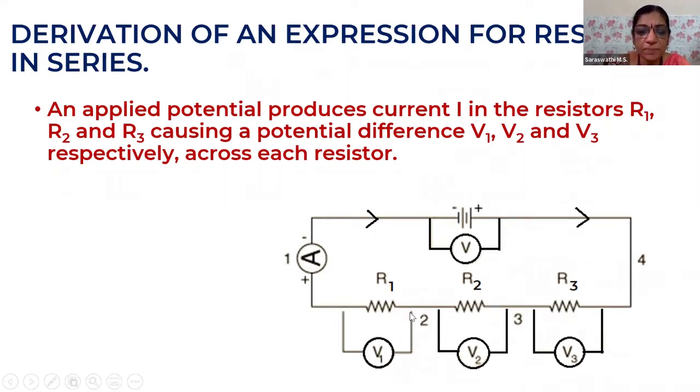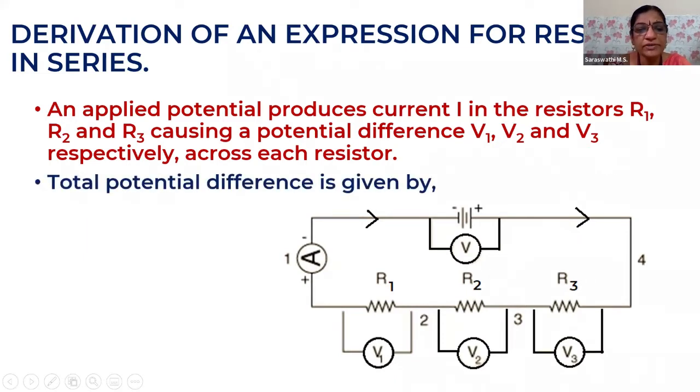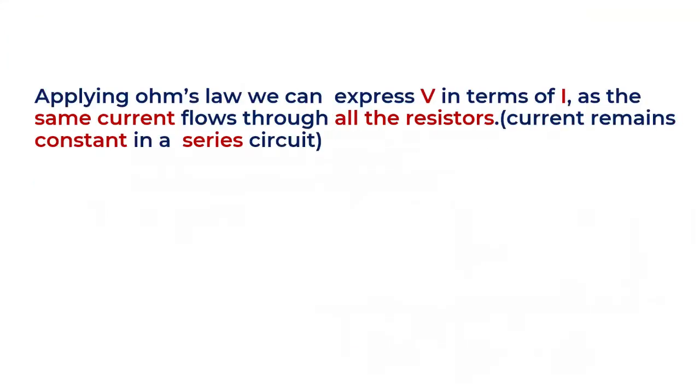The potential drop across each resistor will vary. So the total potential difference is given by V is equal to V1 plus V2 plus V3. Applying Ohm's law, we can express V in terms of I, as the same current flows through all the resistors. Current remains constant in a series circuit.